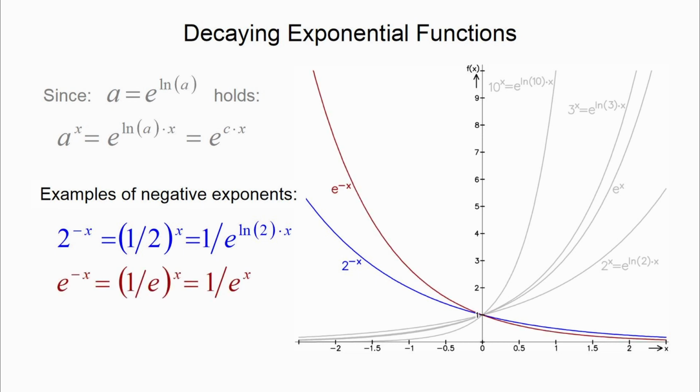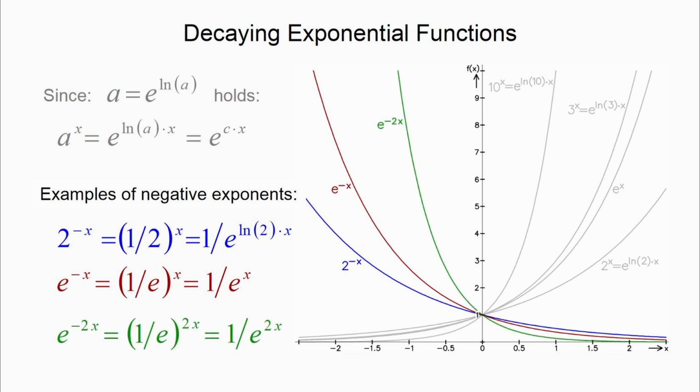Likewise, e to the minus x, that is 1 over e to the x power, forms the mirror image of e to the x. In comparison with that, e to the minus 2 times x has its horizontal scale shrunk by a factor 2, and decays therefore twice as fast.